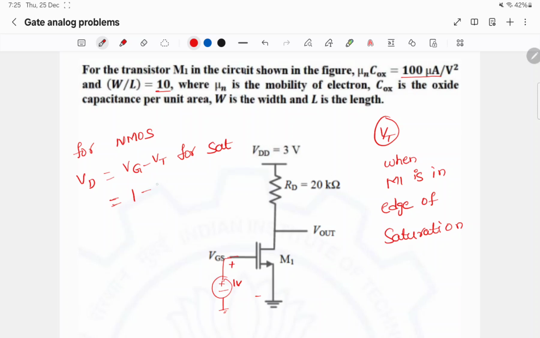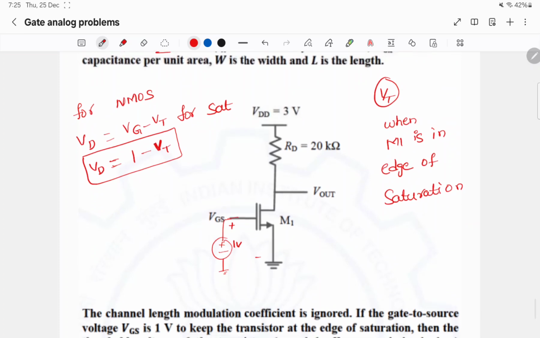We don't know Vt, so we'll assume this as Vt. Vd is 1 minus Vt. So let us assume the current flowing is I. 1 minus Vt is 3 minus 20k into I.